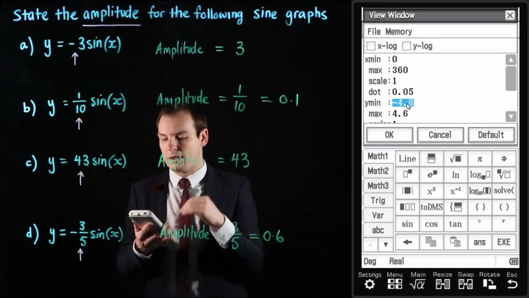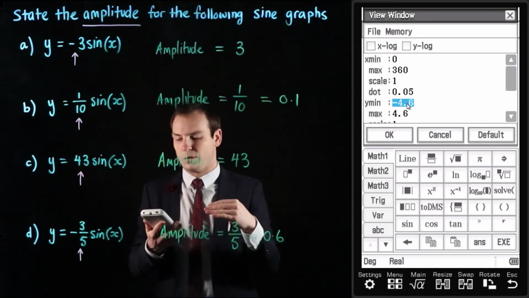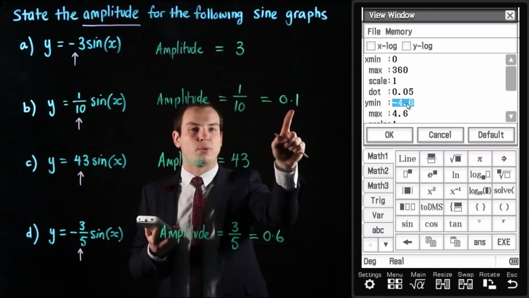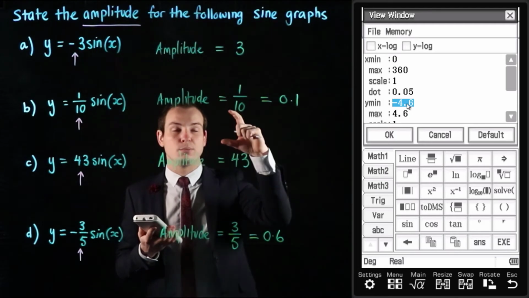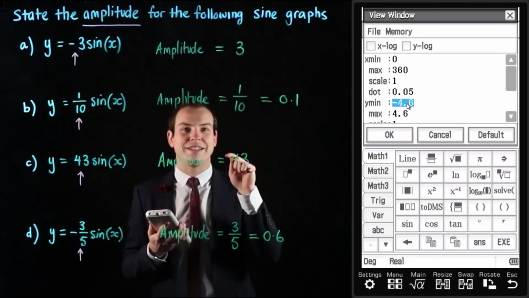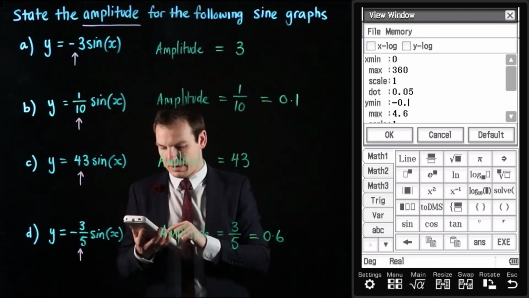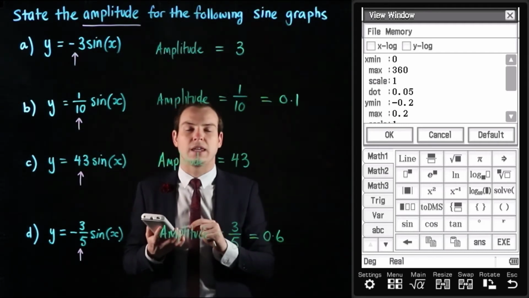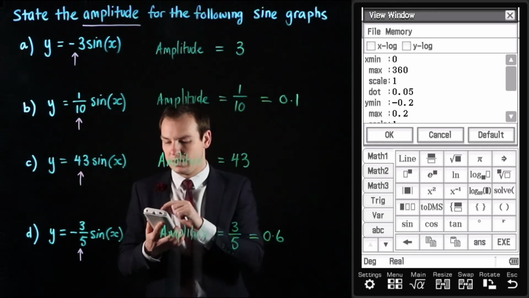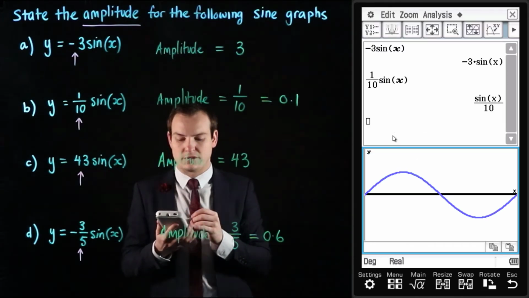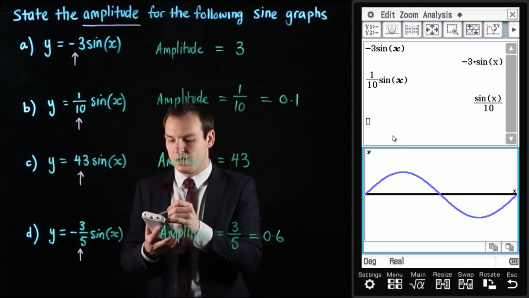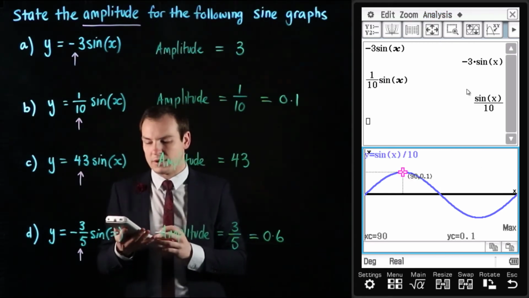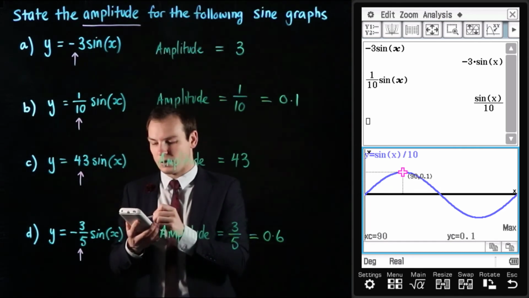And the y minimum and the y maximum, instead of going from -4.6 to 4.6 or something like that, we want it to be a little bit closer to 0.1. So I'm going to have a little bit of room above and below, so I'm going to pick -0.2 to be the minimum y value, and +0.2 to be the y maximum value. Then we can hit OK, and it will give us a much better look at this graph. So analysis G-solve max, if we do that one first, will give us a maximum at 90, 0.1.